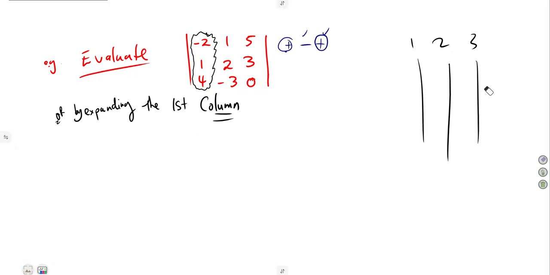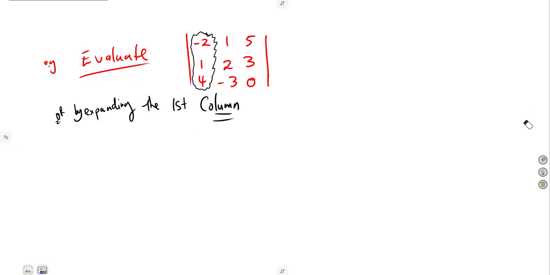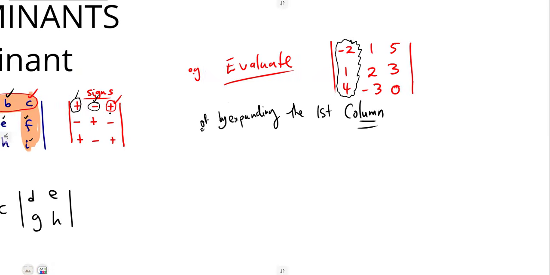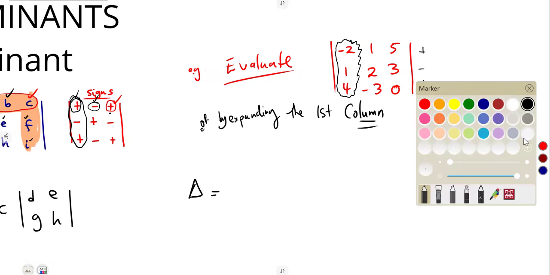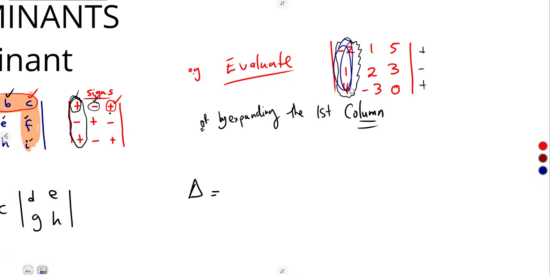By expanding using the first column, these are the terms that you're going to use. So meaning to say we are going to consider the signs along the first column. These are the signs along the first column: plus, minus, plus. So determinant is equal to what? What is the first term that we're going to consider in this first column? -2. So the sign is what? Positive. -2 corresponds to a positive.